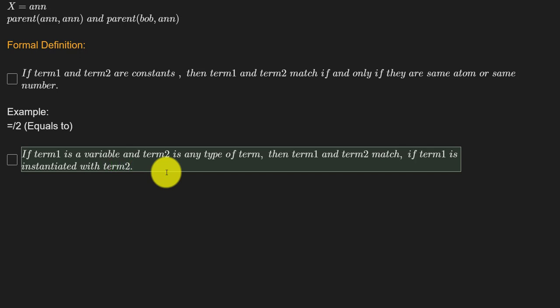So if I can instantiate term 1, which is a variable, with term 2, which is basically any type, then these two match.